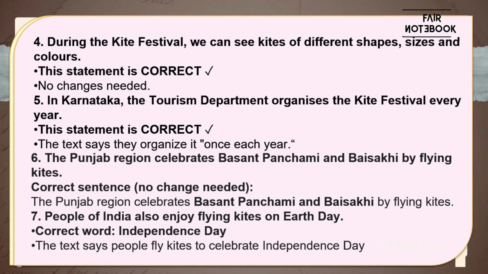The Punjab region celebrates Basant Panchami and Baisakhi by flying kites. Correct sentence, no change needed. 7. People of India also enjoy flying kites on Earth Day. Correct word: Independence Day. The text says people fly kites to celebrate Independence Day.